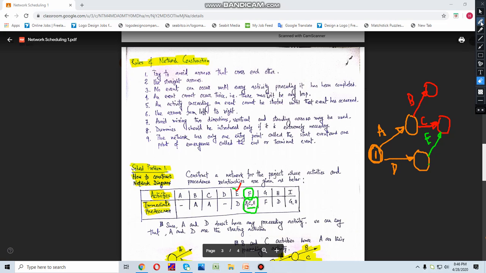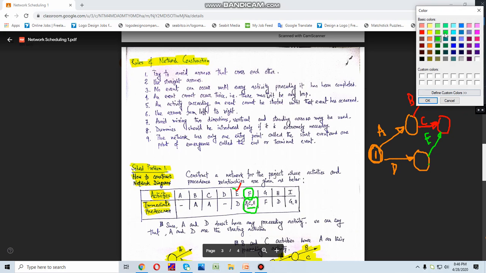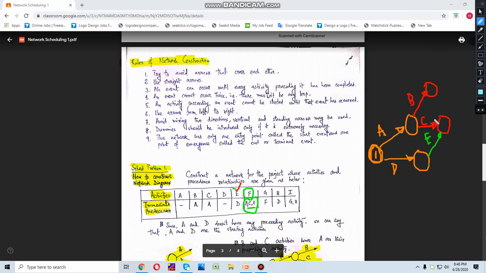Now I believe there is no way out by which you can merge the three activities. That means what I am trying to say is that you cannot merge B with the two activities C and E. So here comes the concept of dummy activity. So that means you are using a dummy activity here.